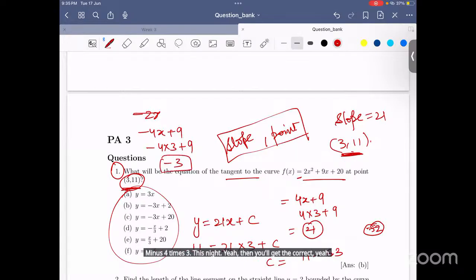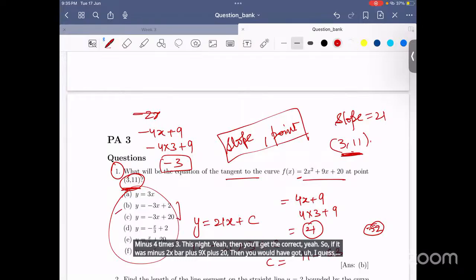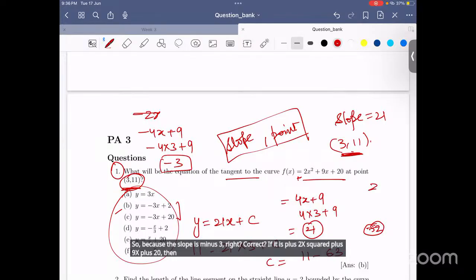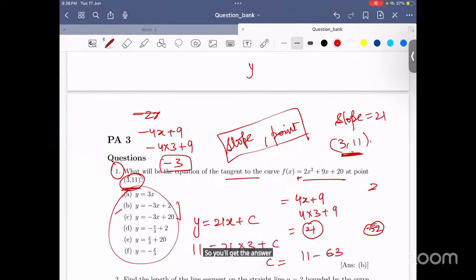So if it was minus 2x square plus 9x plus 20, then you would have got, I guess, B or C, because the slope is minus 3, right? Correct? If it is plus 2x square plus 9x plus 20, then the slope is 21. So you'll get the answer something like y equals 21x minus 11 minus 63. Clear?